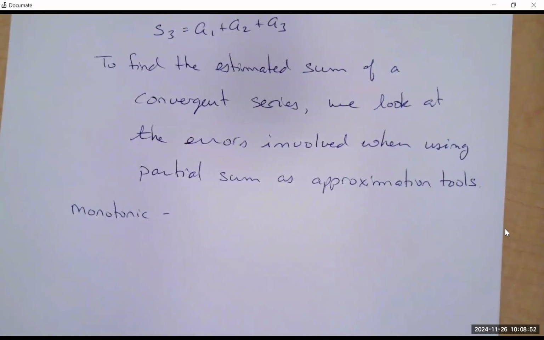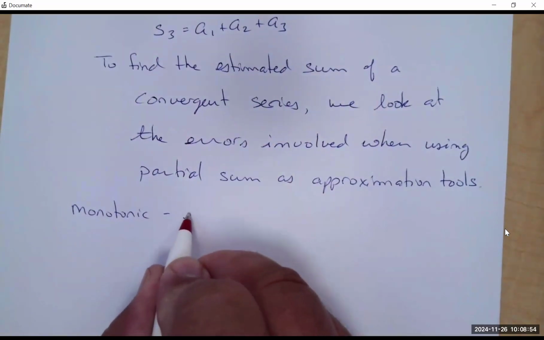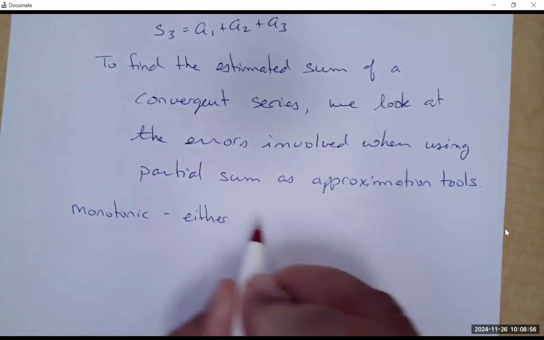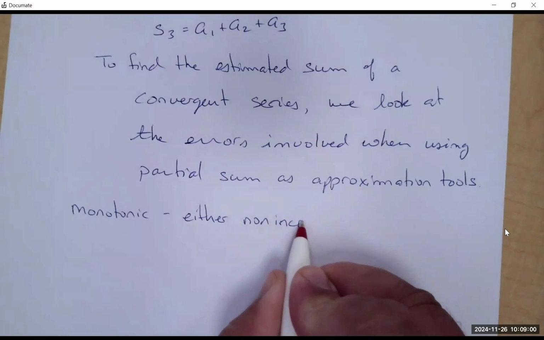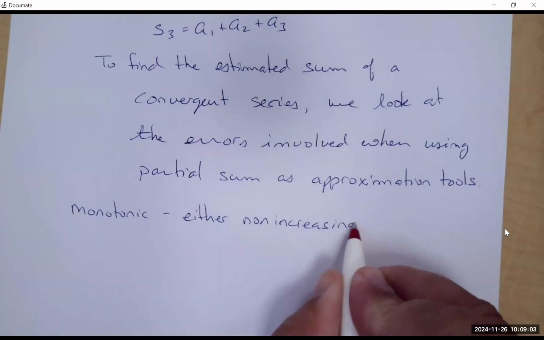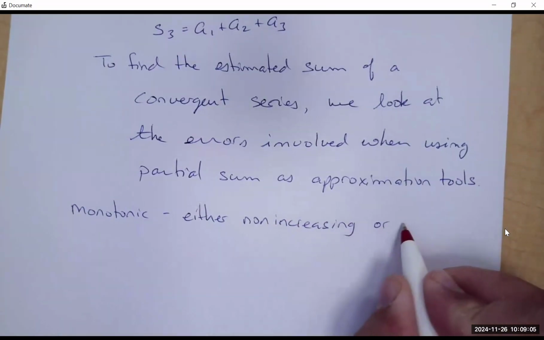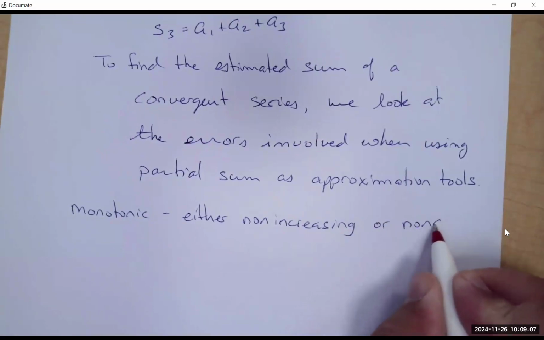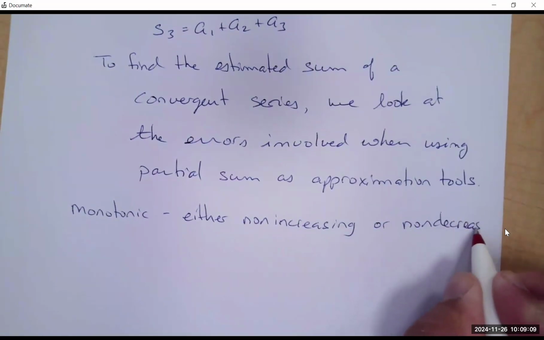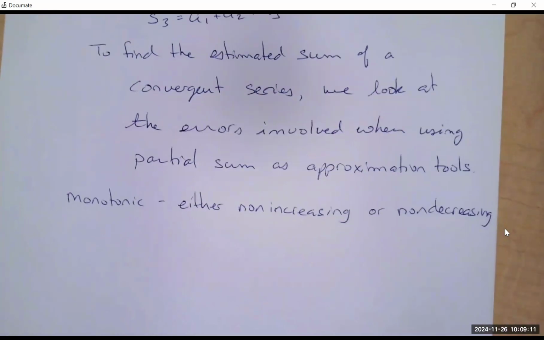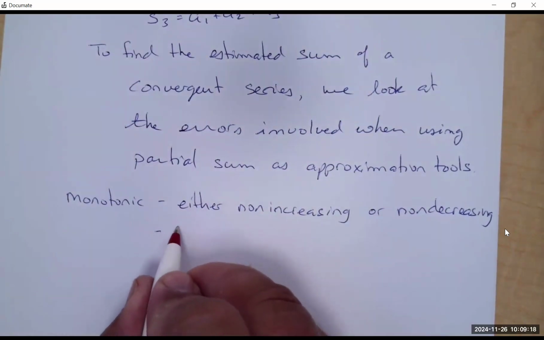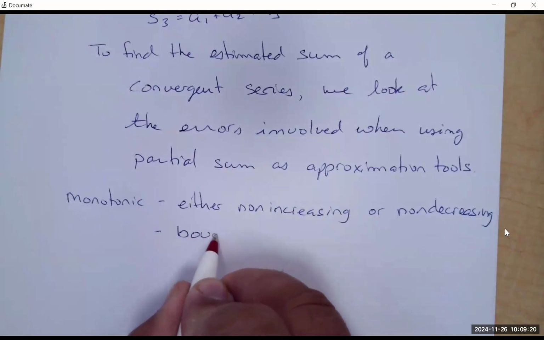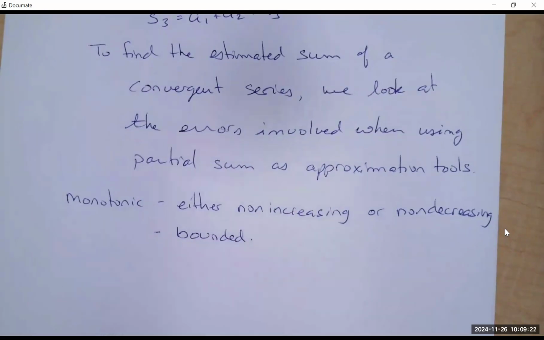Monotonic means one of two things: it's non-increasing or non-decreasing. And it's bounded.